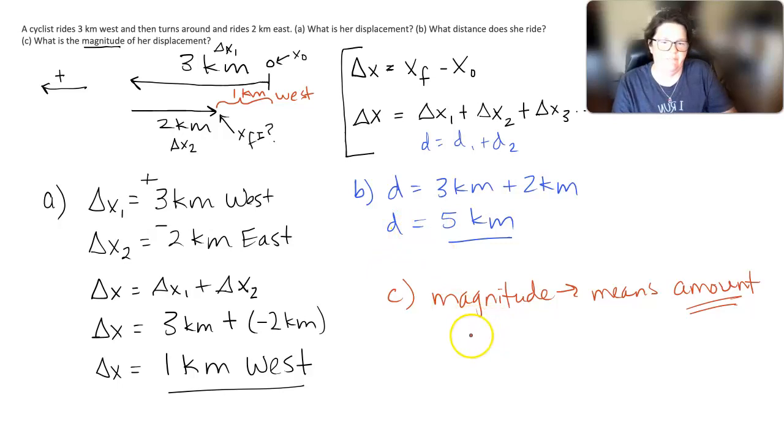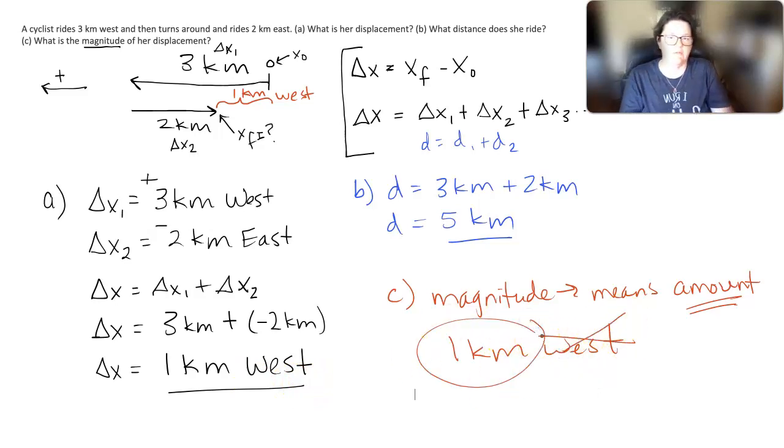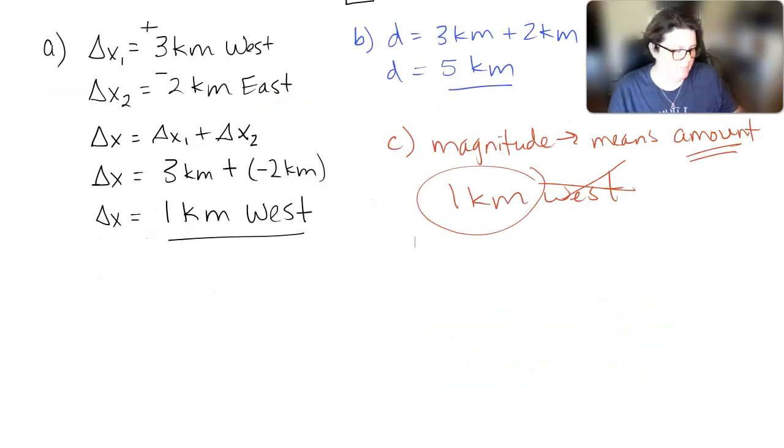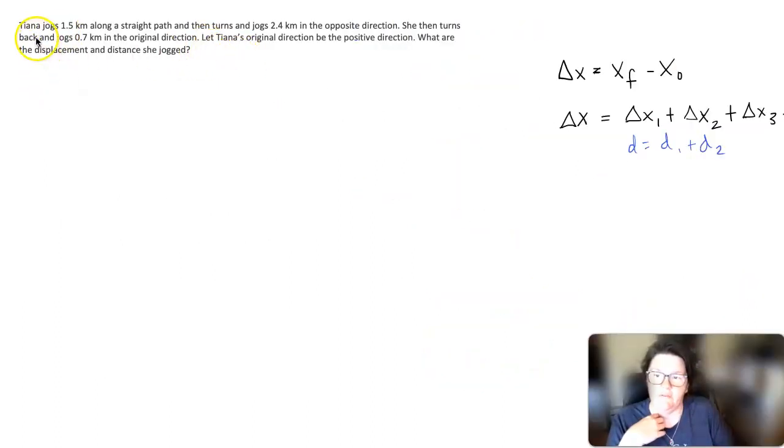That's what this means. So we already found her displacement. It was 1 kilometer west. For magnitude, we don't care about the west part, 1 kilometer. So the magnitude of her displacement, you would just find her displacement and not care about the direction. That's it.